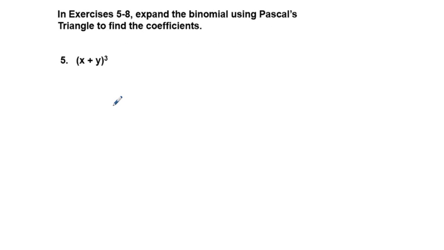Expand the binomial using Pascal's triangle to find the coefficients. Well, Pascal's triangle is simply like this. I'm going to write it in terms of A and B, and we're going to refer back to it. If we have A plus B to the 0 power, we get 1.